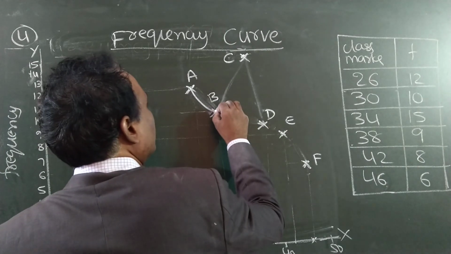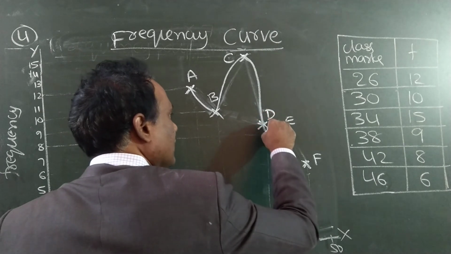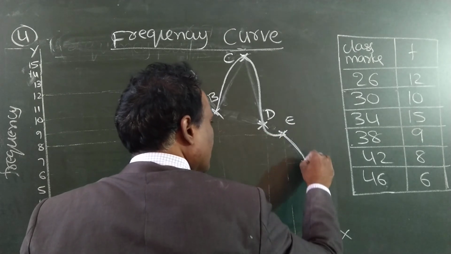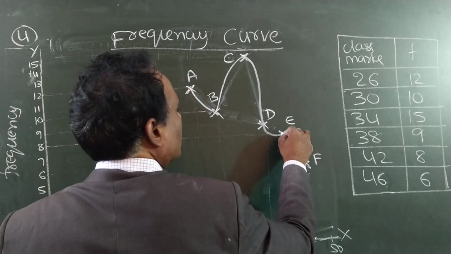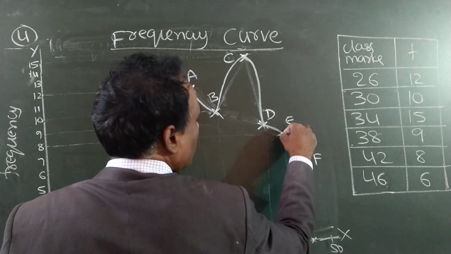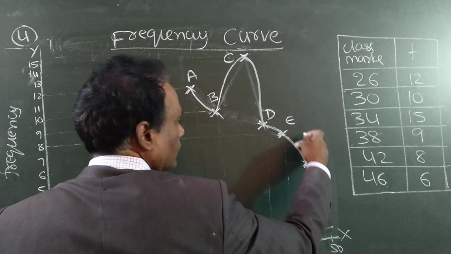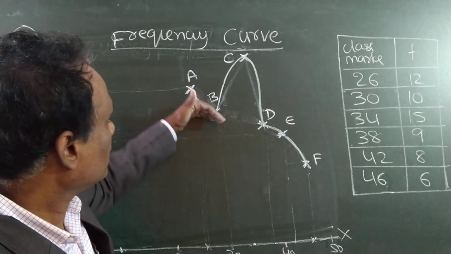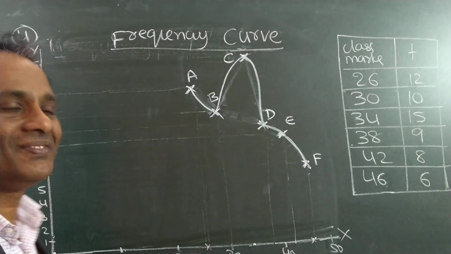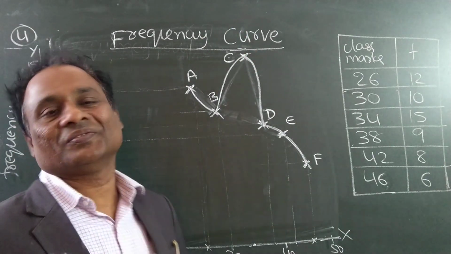A, B, C, D, E, that's all. Like this it will go up and come down. This is called frequency curve.